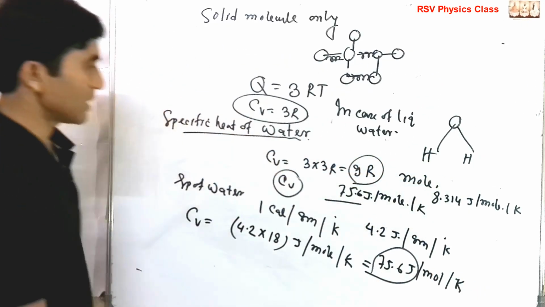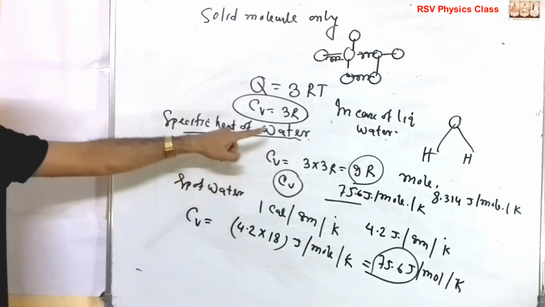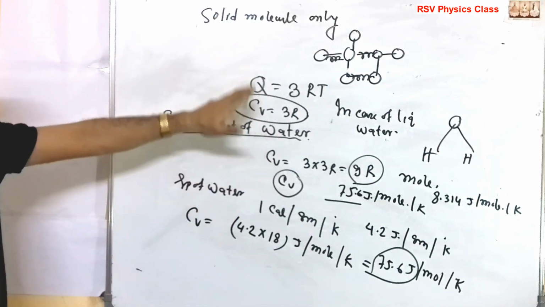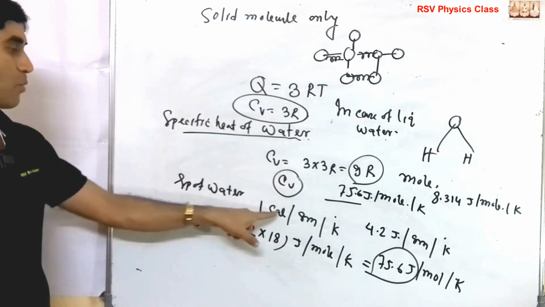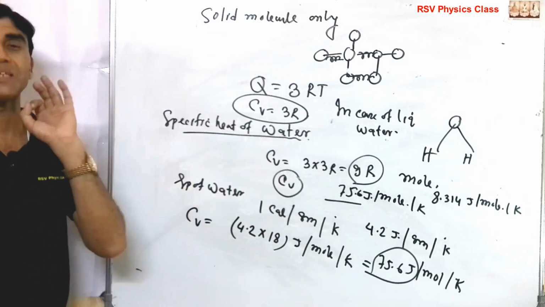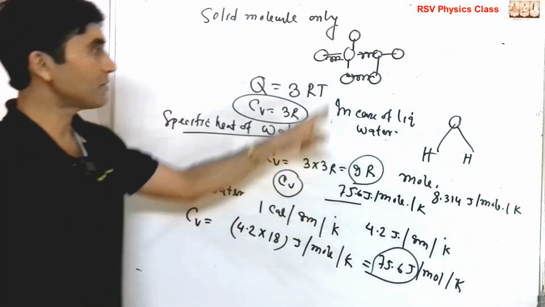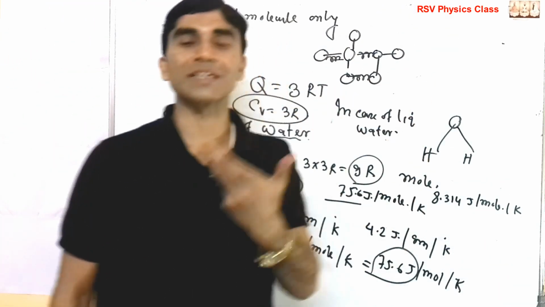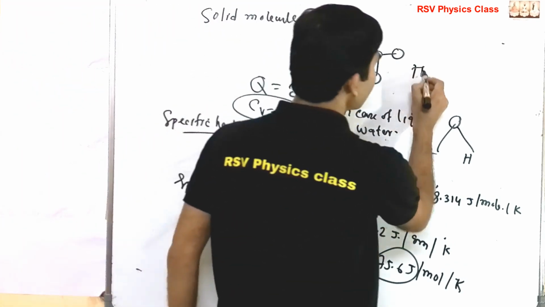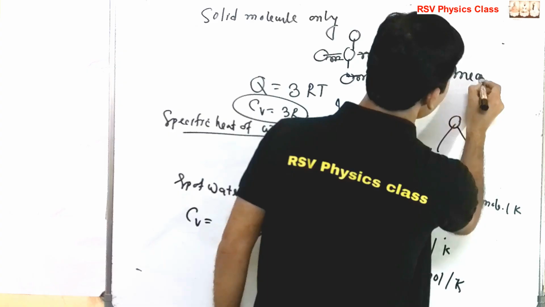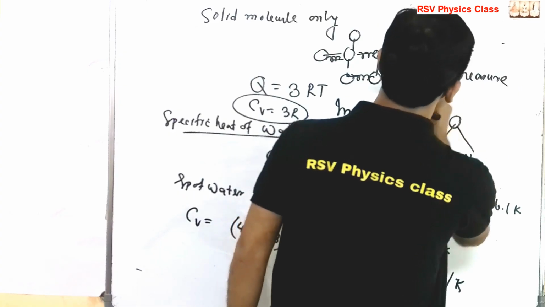So this is matching. So all the theories we have discussed, this is matching, and this specific heat of water is a measured quantity, and whatever we have discussed is theoretical. So from theory and measured data, now it is validating.